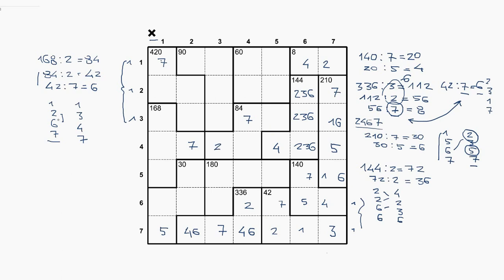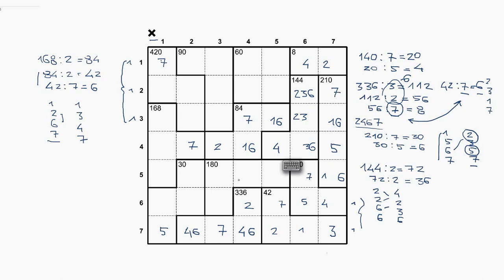And finally, numbers 1 and 6 would be here and here. Here is a 1, 6 and here is a 1, 6. Here cannot be number 6 right here. And here cannot be number 2 because number 2 is already here. Here is a 3 and 6.